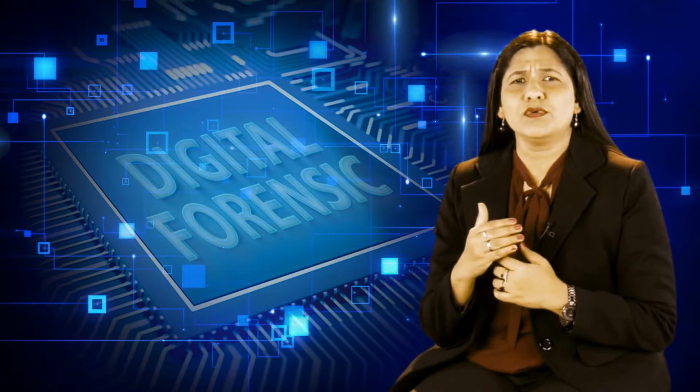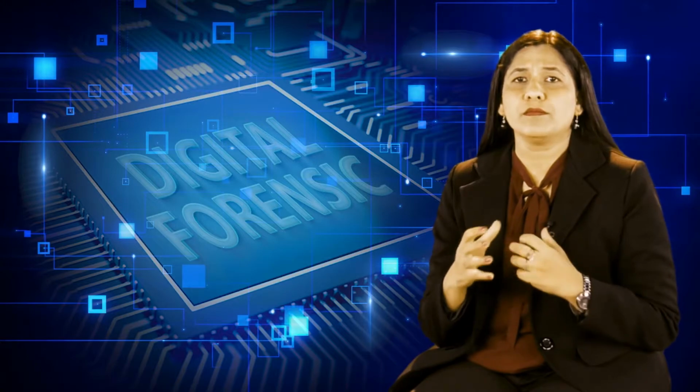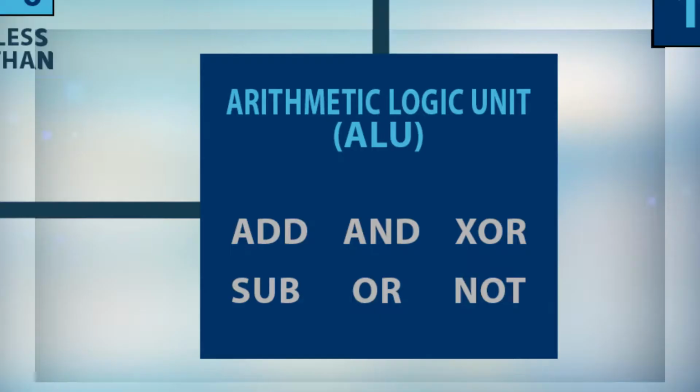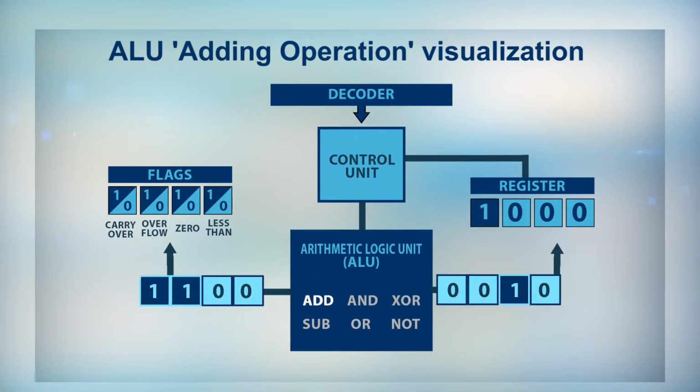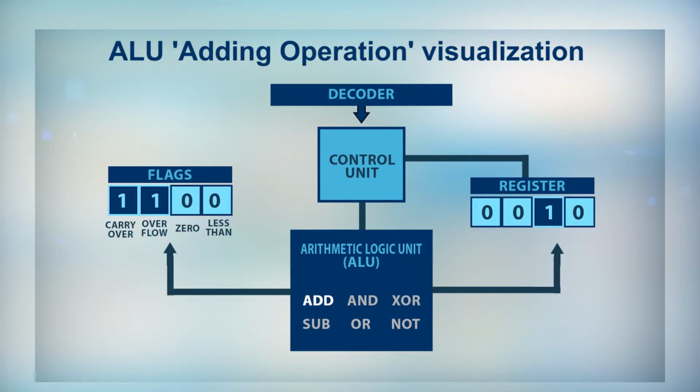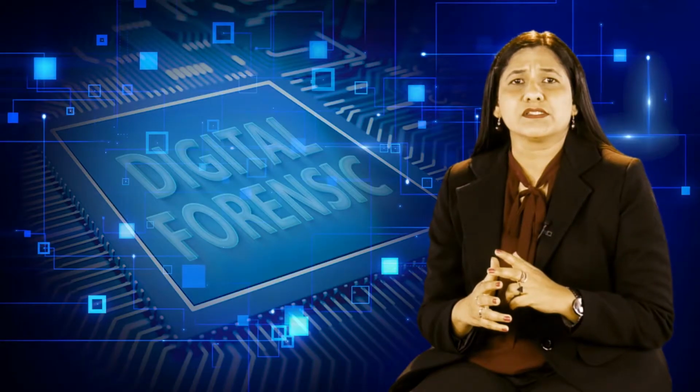How would the ALU know which operation is to be undertaken? It is controlled by signals from the control unit. As its name implies, the arithmetic logic unit also performs logical operations. Logical means comparison between two pieces of data. The duty of a logical operation is to compare two things, so it can compare numbers, letters or special characters.